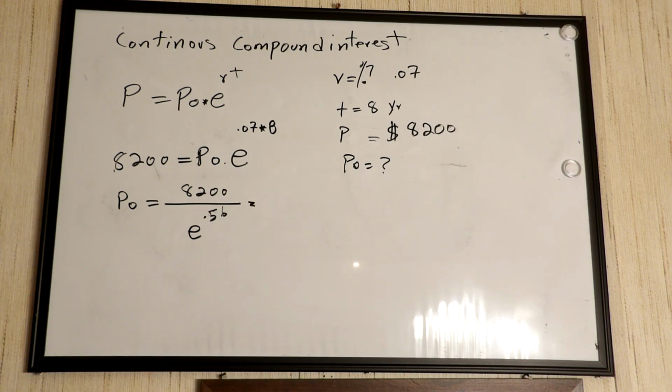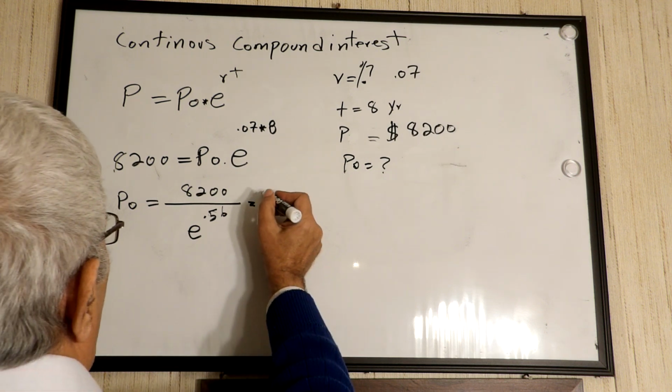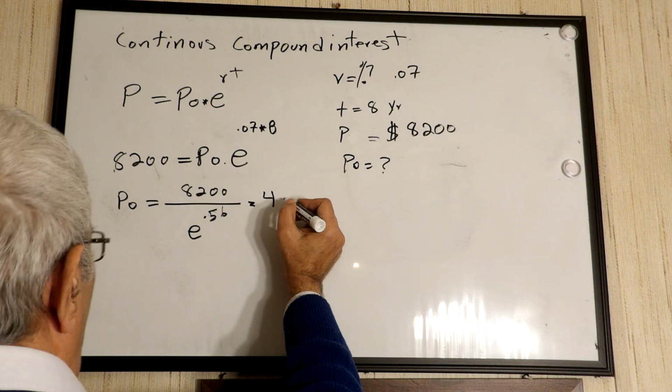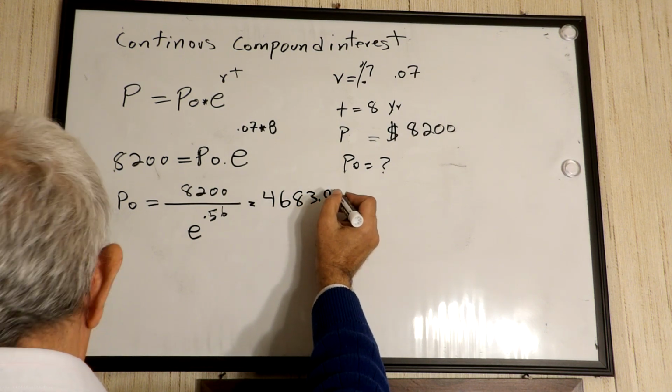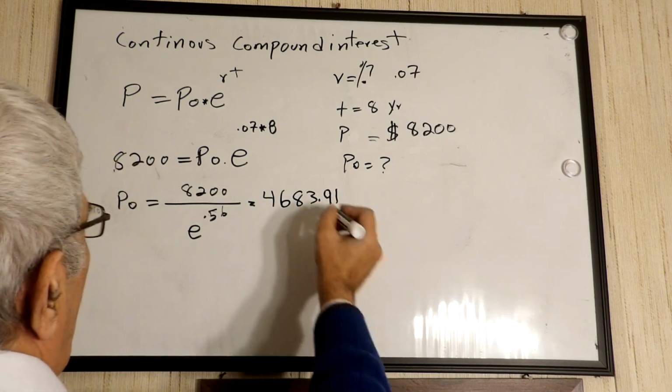If you do that, the result is 8,200 divided by e to the power of 0.56, which is $4,683.91.